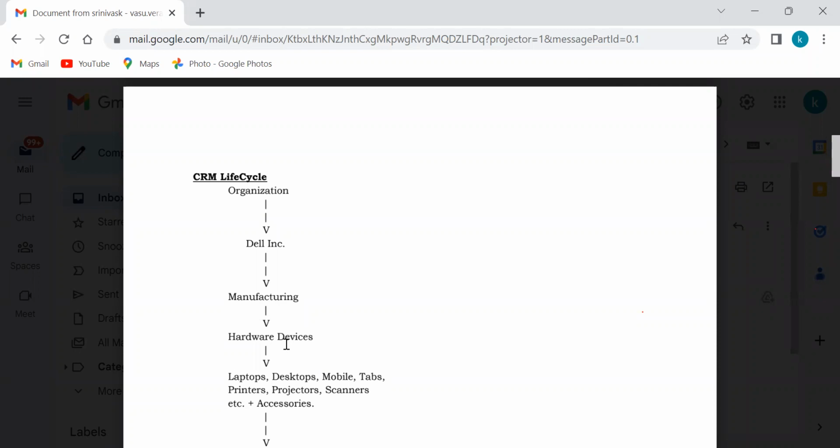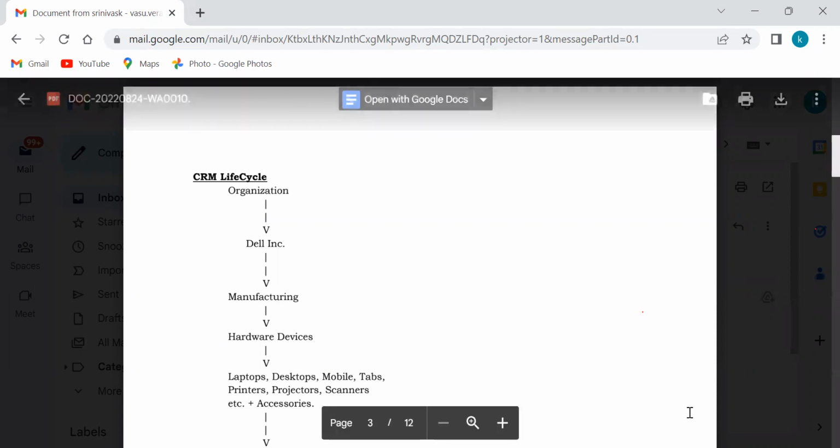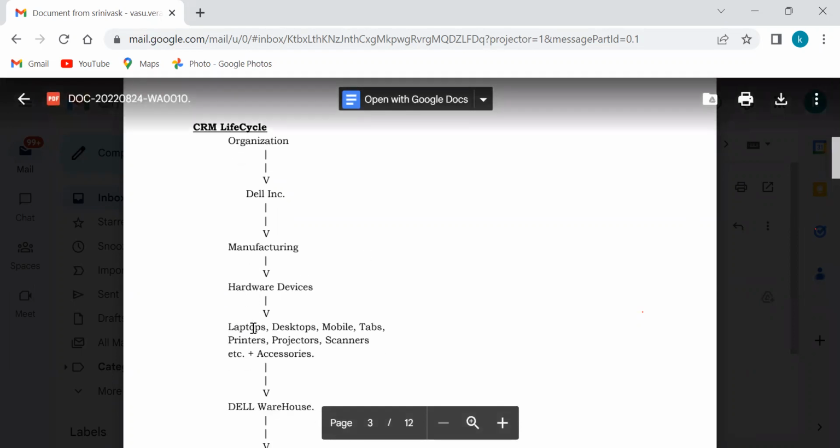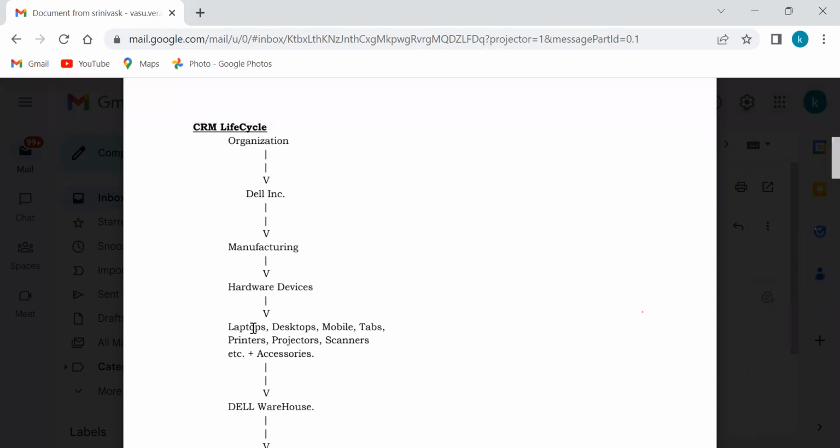Dell will be manufacturing so many hardware devices like laptops, desktops, mobiles, tabs, printers, projectors, scanners, and small accessories also. Okay, so in order to manufacture these products, you require so many components. For example, a laptop contains hundreds of subcomponents.